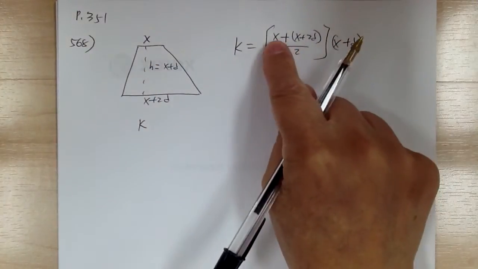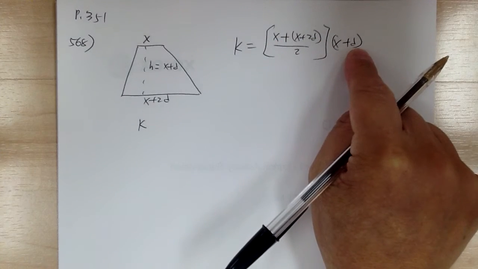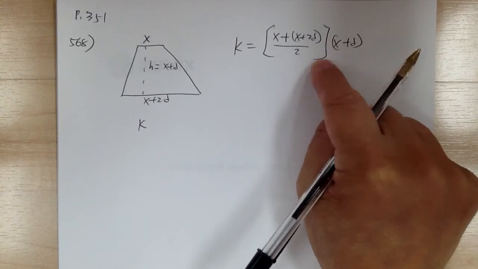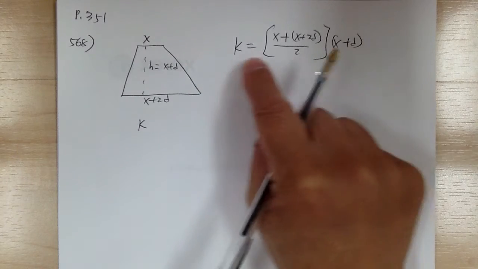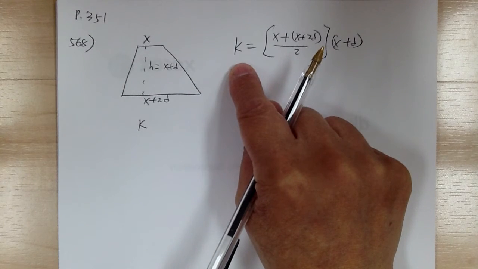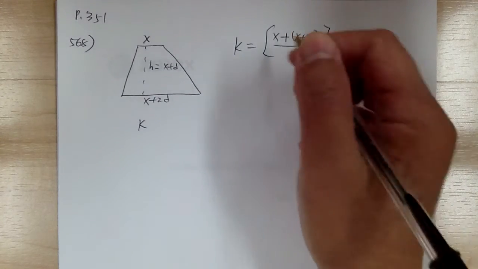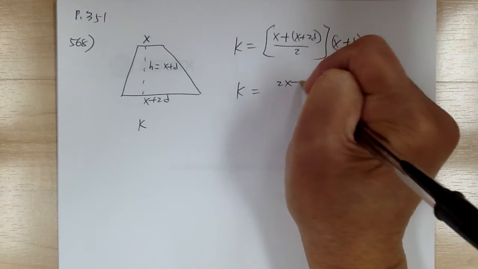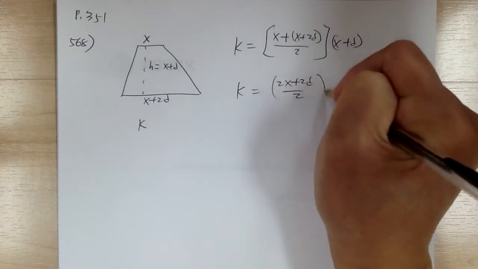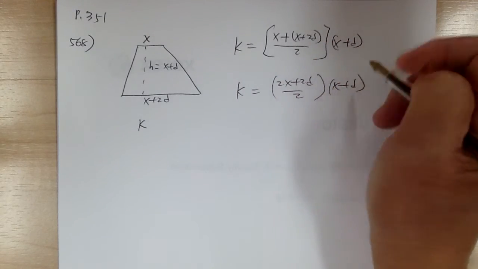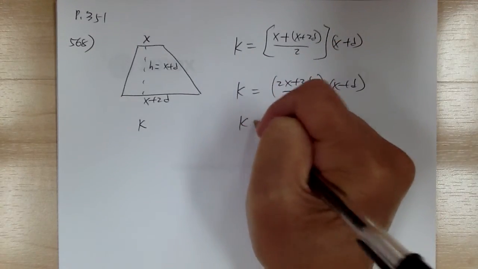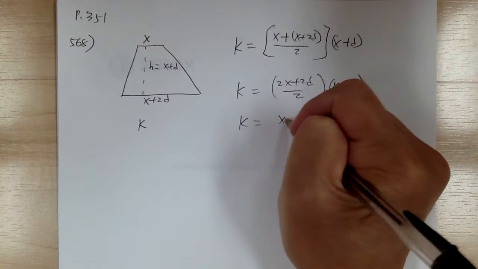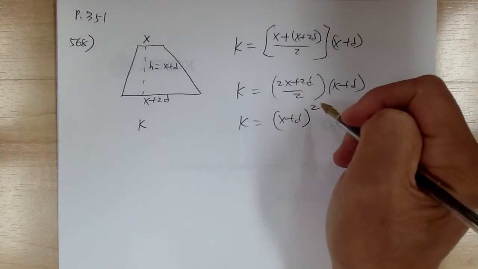So b1 plus b2 over 2 times the height will give you the area of the trapezoid. Let's work it out. This equals 2x plus 2d over 2, times x plus d. The 2s cancel out, so K equals (x plus d) squared.